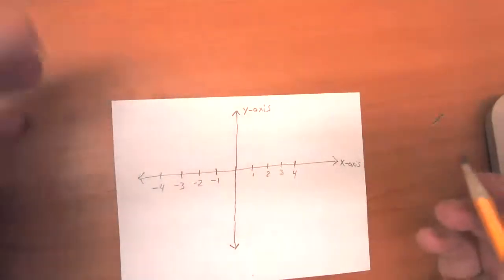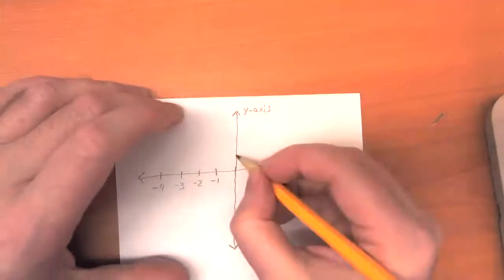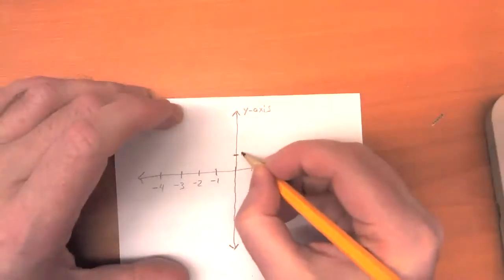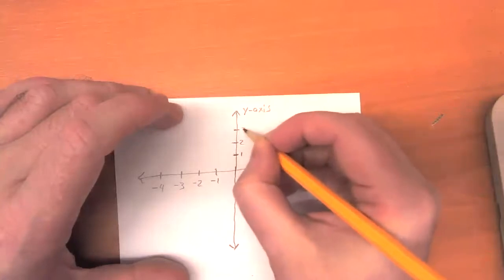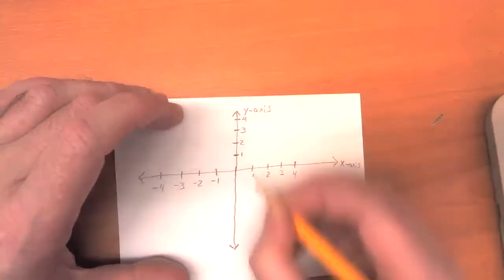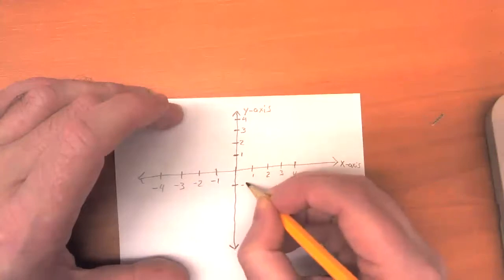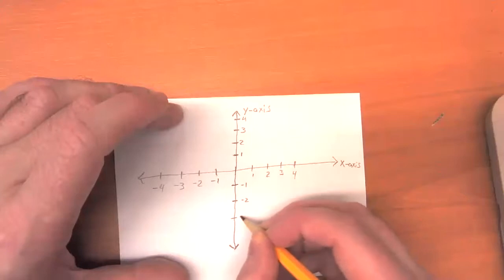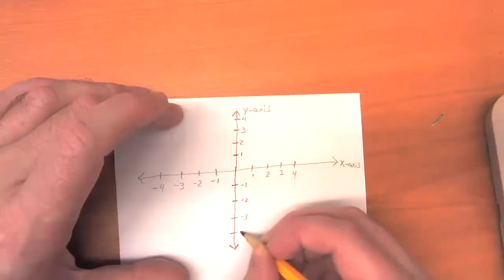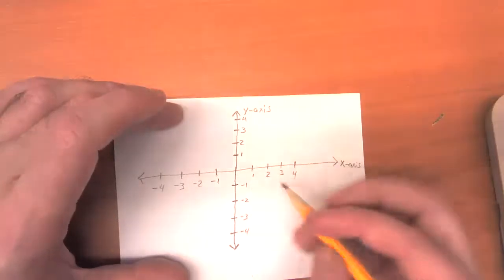This number line has numbers going up in the same way, except that here the positive numbers are going up and the negative numbers are going down. And of course, we've got all of the numbers between them.